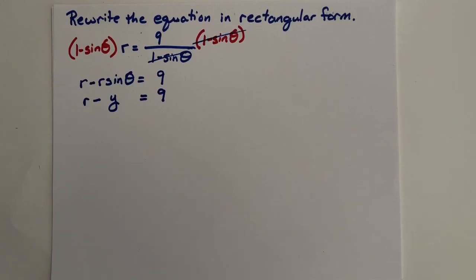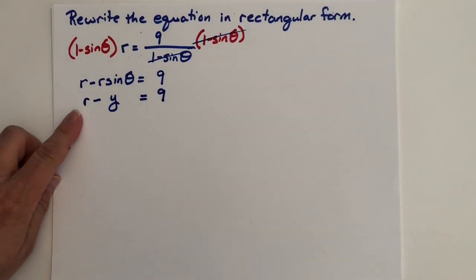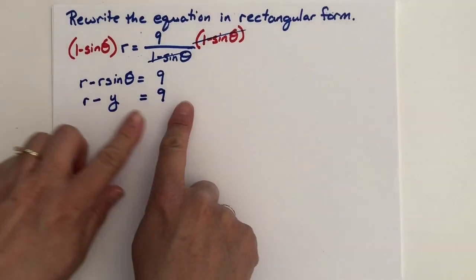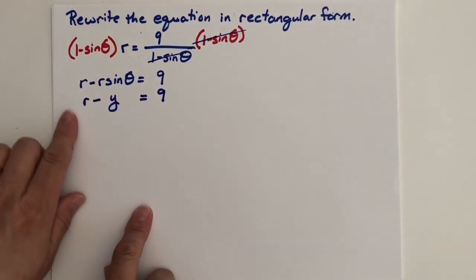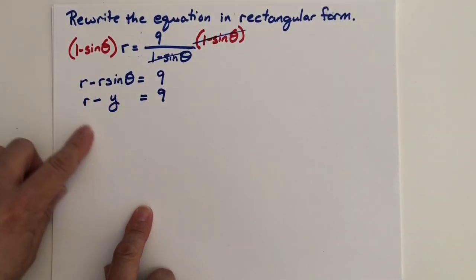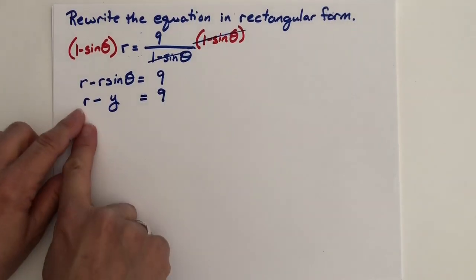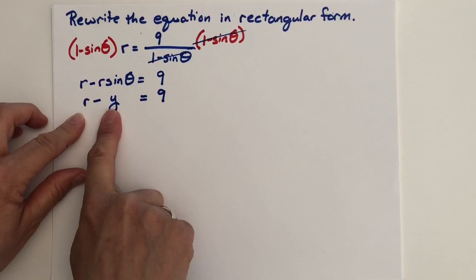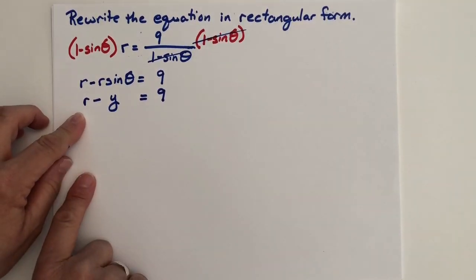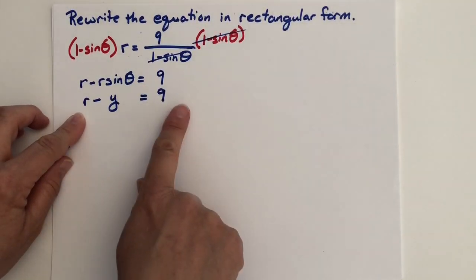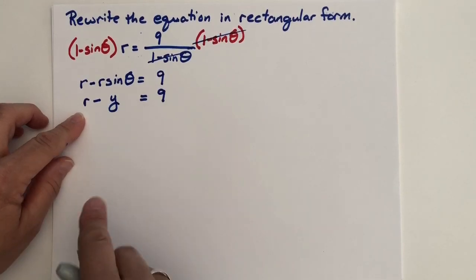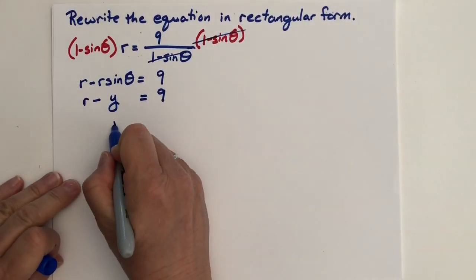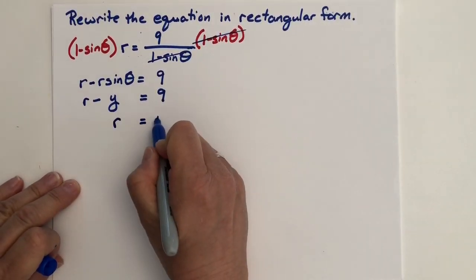I do have a nice substitution for r squared, but if I were to square both sides of the equation as it looks right now, over on this side I'd be squaring the binomial and I'd have a y squared and a negative 2ry. It'd be a little bit nicer if I added y to both sides so that the r would be by itself on the left.